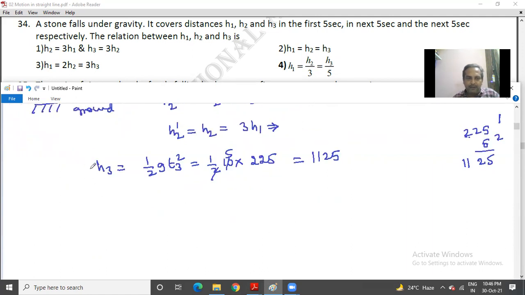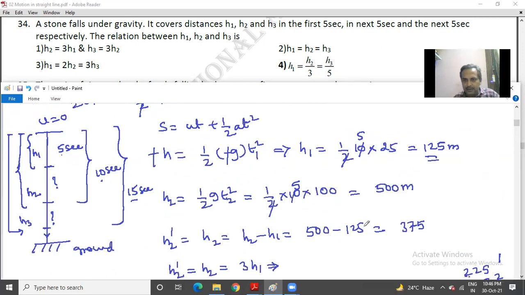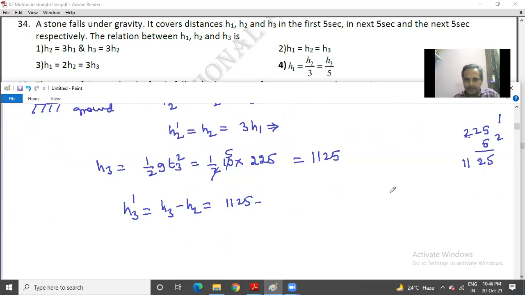But what we need to find out first is H3 dash. H3 dash is H3 minus H2. What is H3? You got 1125. What did you get for H2? You got it as 500. You subtract, so it will be 625.